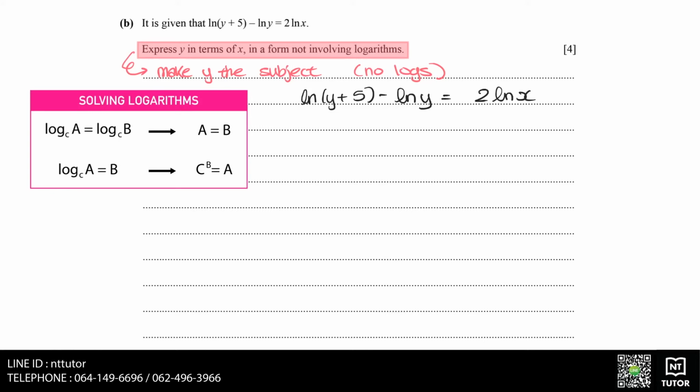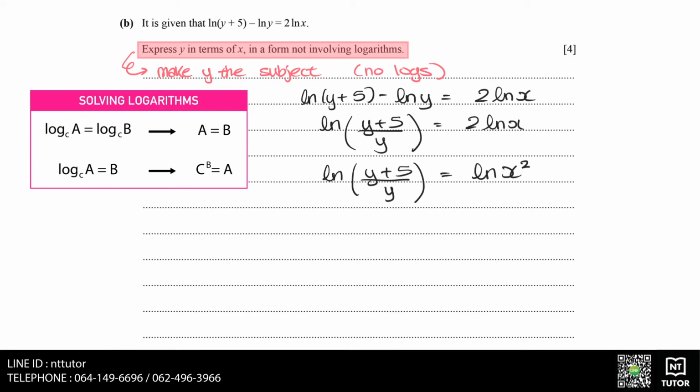So it's ln (y plus 5) minus ln y, so we can combine it using the rules into ln of (y plus 5) divided by y equals 2 ln x. And there's also another rule that you can drop the power in front. So you can put the 2 back into the logarithm as the power of x. So we have ln of (y plus 5) divided by y equals ln of x squared.